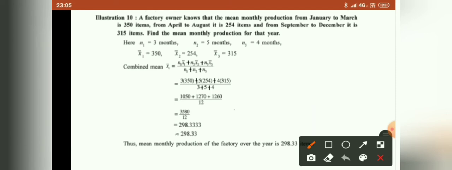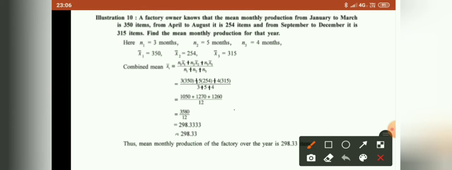From April to August the mean is 254. Now you can count April, May, June, July and August. Total how many months? 5 months. So here n2 equals 5, and their mean is 254, that means x bar 2 is 254.